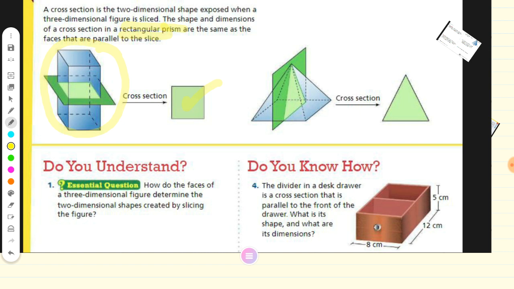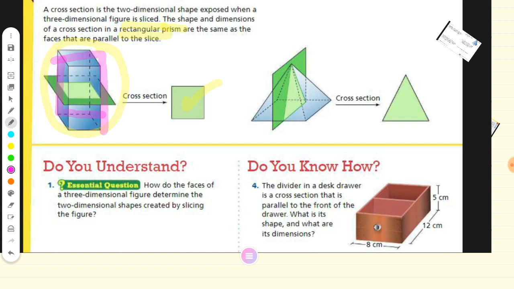What do you think if I take a vertical section like this one? It will be in the shape of a rectangle. So it depends on which part you take, where you divide the object.